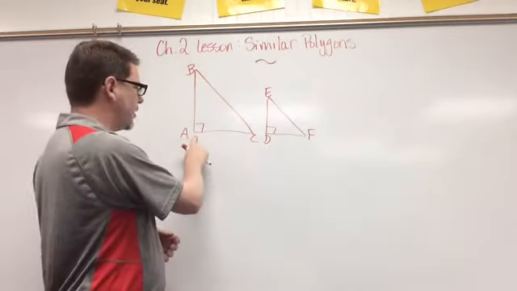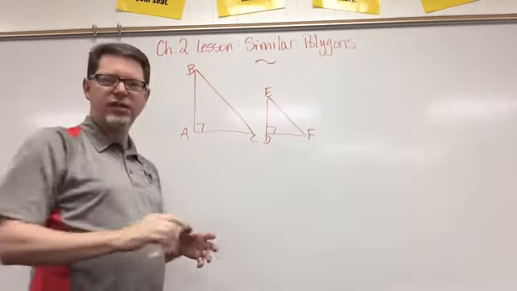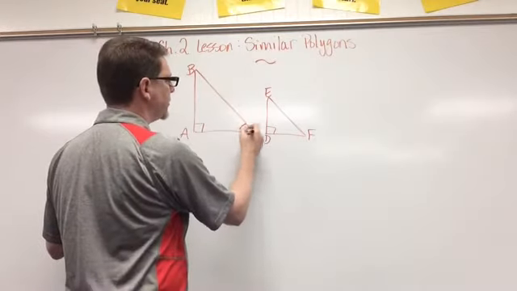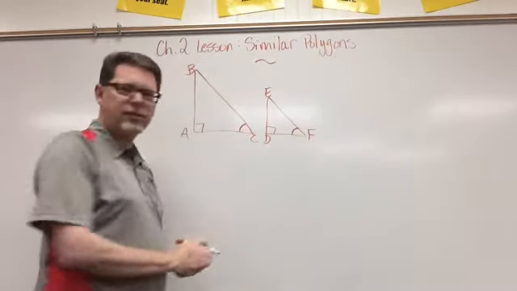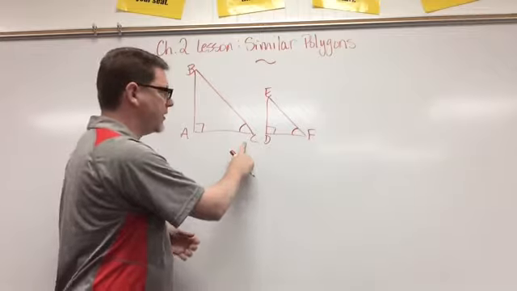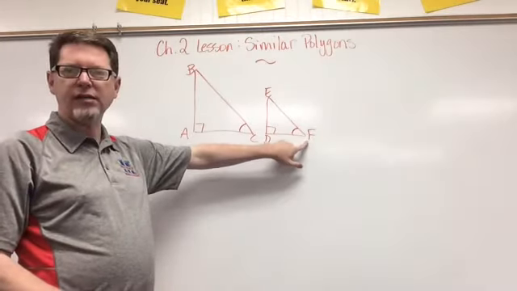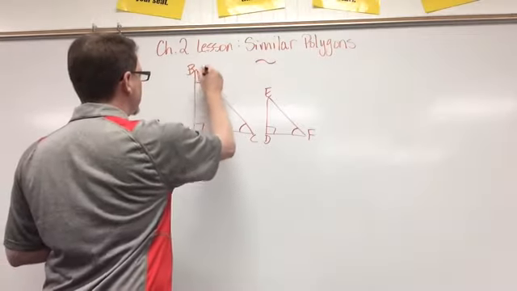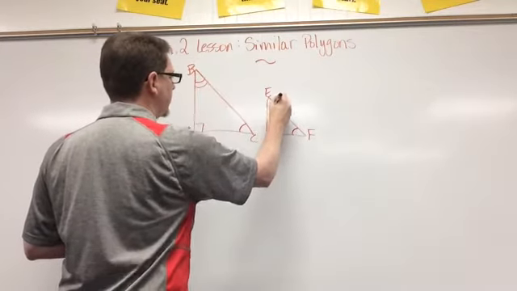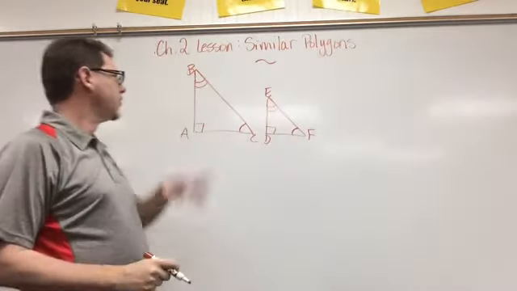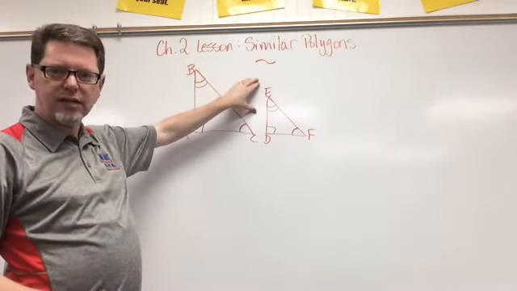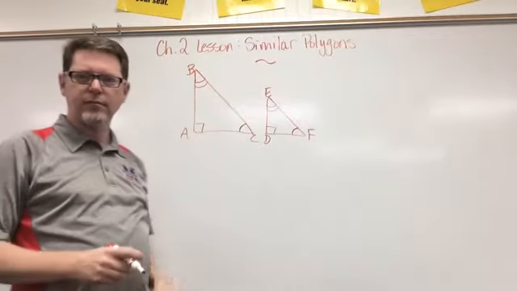So we know that angle A and angle D are the same. Well, this little symbol right here tells me that angle C is also the same as angle F. And I'm going to do a two-loop mark. So this tells me that angle B is exactly the same as angle E.